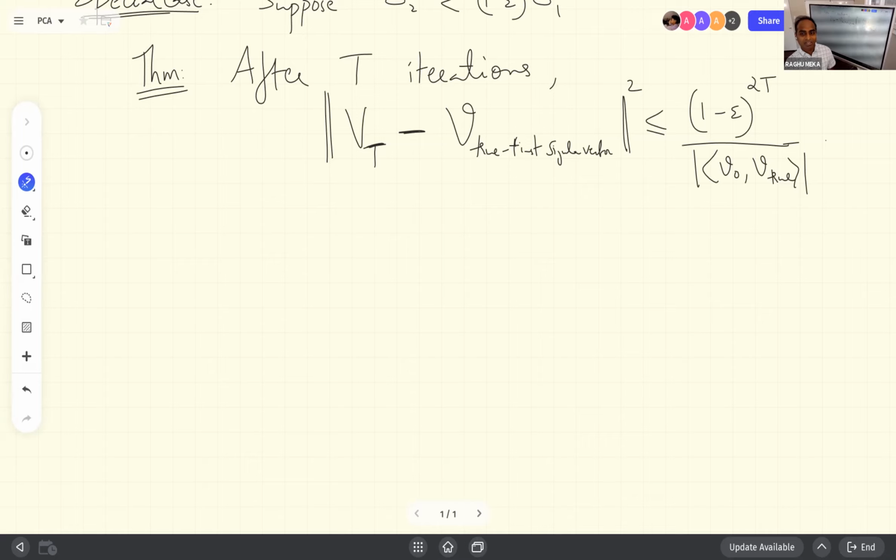If you're starting with something close to the true singular vector, then you're converging even faster. Whereas if this inner product is 0, if you're starting with something perpendicular to the true singular vector, then you don't make any progress.